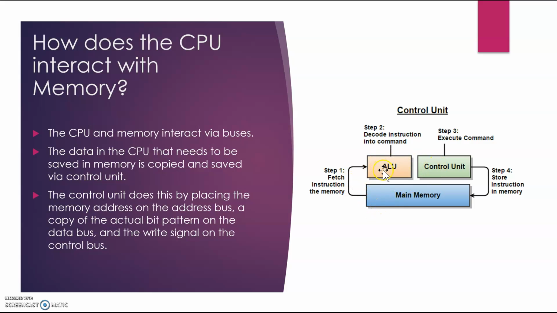The control unit tells which ones it needs. So the control unit is very important and basically in charge, to me. That's how I see it. 2, they process whatever they need to process. 3, they execute it. And 4, they store it back in memory and the process continues.